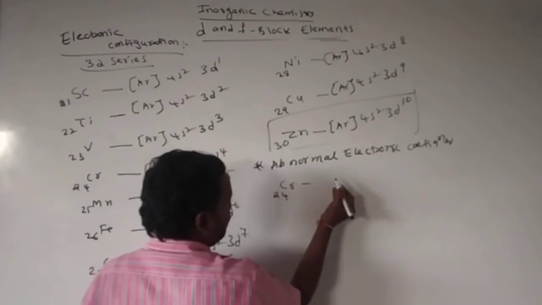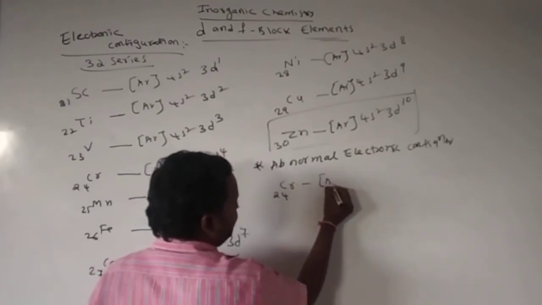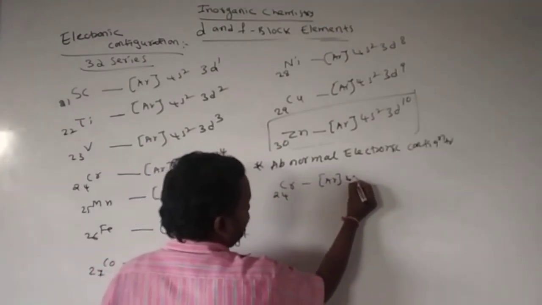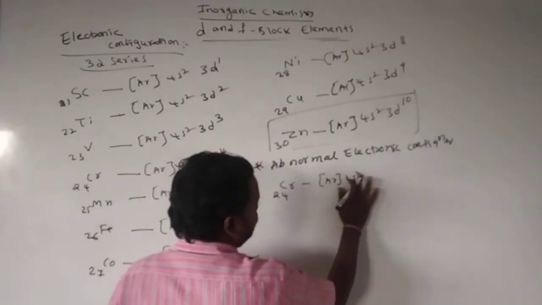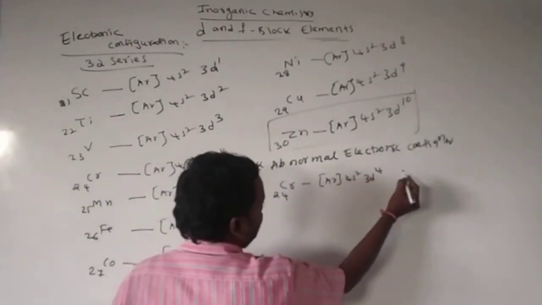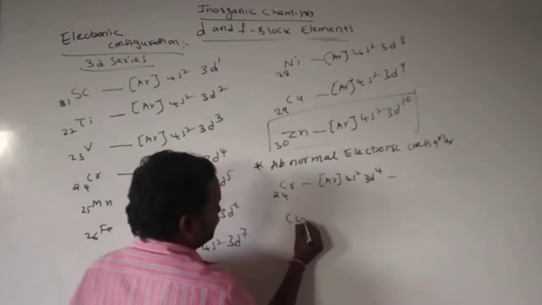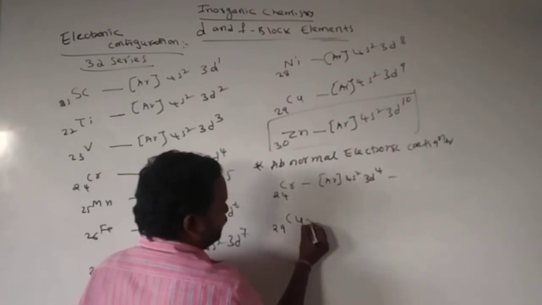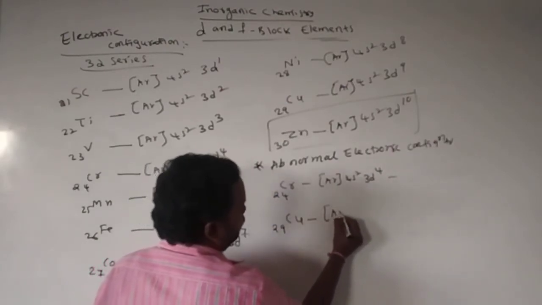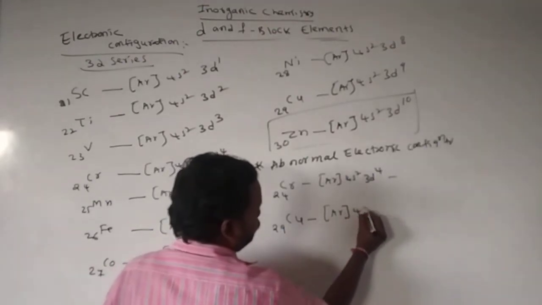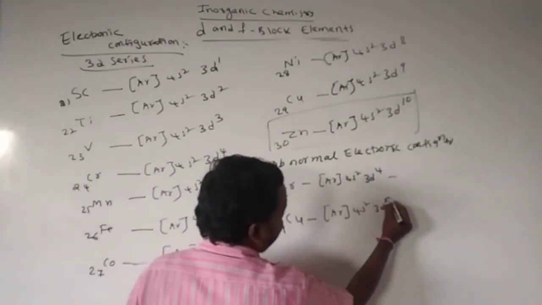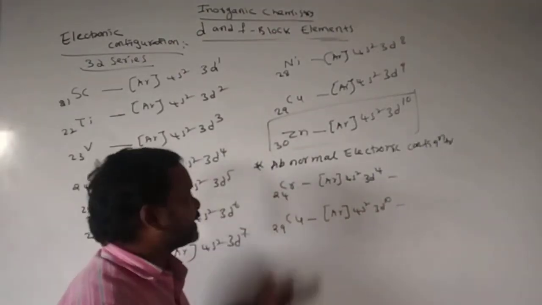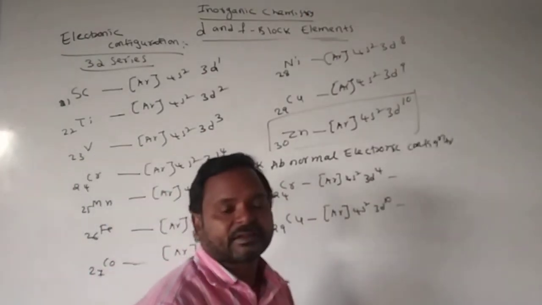Chromium, the normal electronic configuration is argon 4s2 3d4. For copper, atomic number 29, it is 4s2 3d9. Why do these show abnormal electronic configuration?